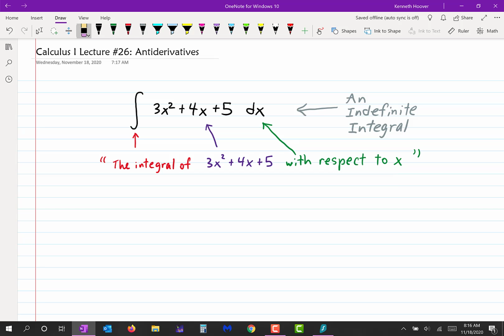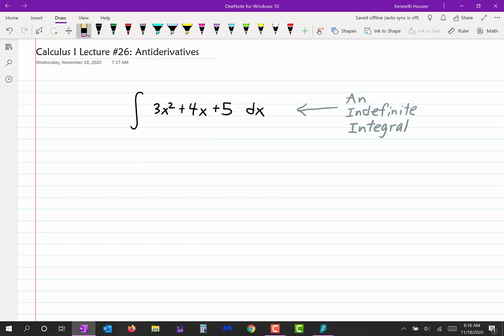All right, now we've talked about things so far that are just words. Now let's talk about some math. What do you do when you see that symbol? What does it ask you to do? Okay, so I said it's called an indefinite integral, but what does it mean?